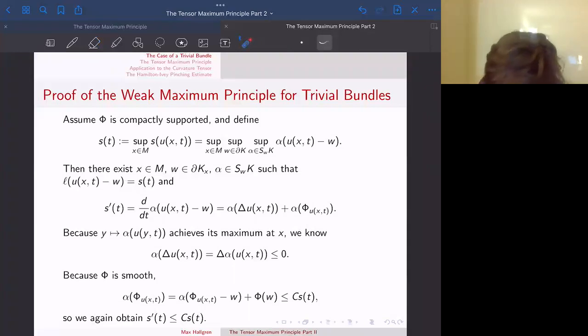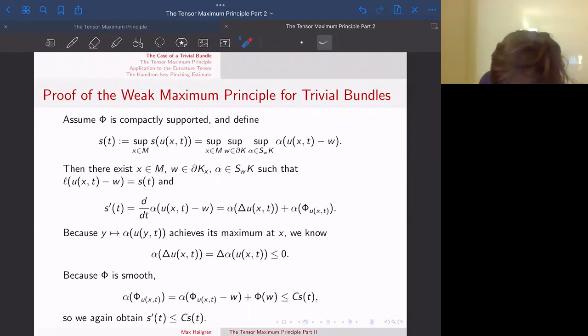And so once again, we can use our formula for the derivative of the spatial maximum, and we get that S prime of t is going to be equal to this, where x is a point where this supremum is achieved, w is the point where this supremum is achieved, and alpha is a support function where this supremum is achieved.